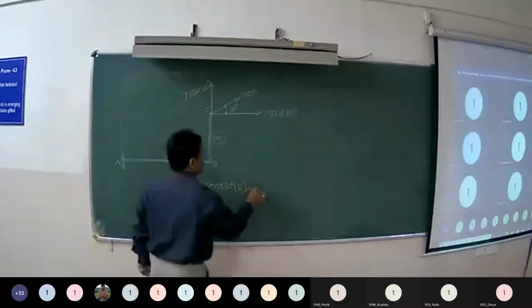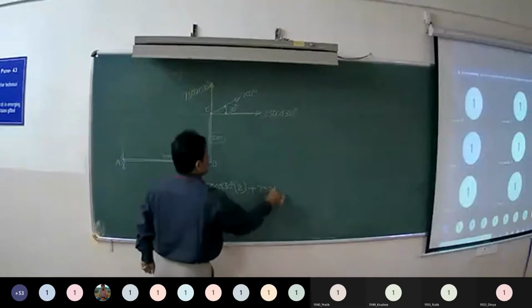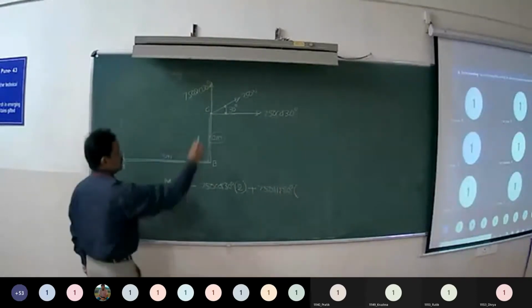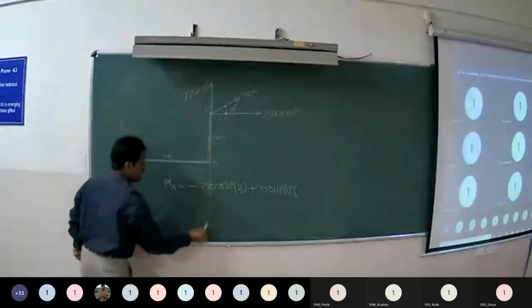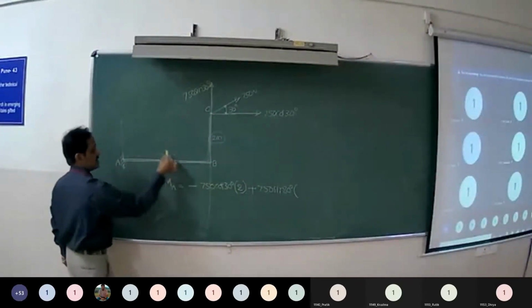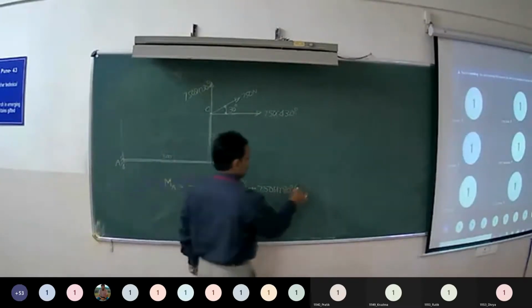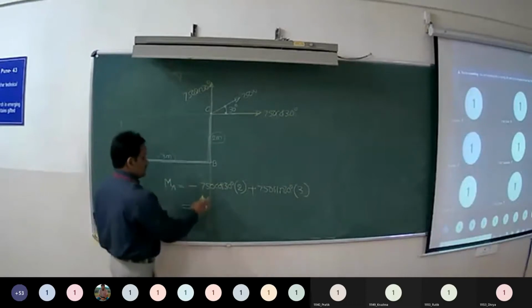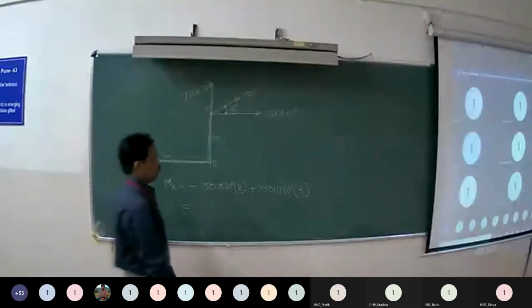Anti-clockwise. So plus 750 sin 30 into perpendicular distance from the line of action of the force to point A. Nothing but 3 meters. So this gives you moment of 750 Newton about point A.